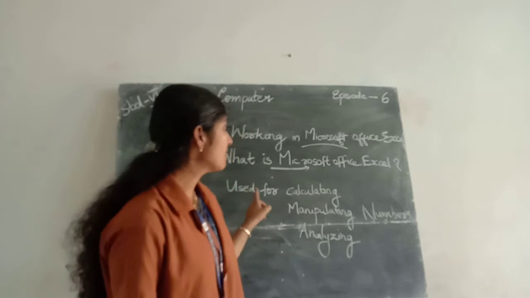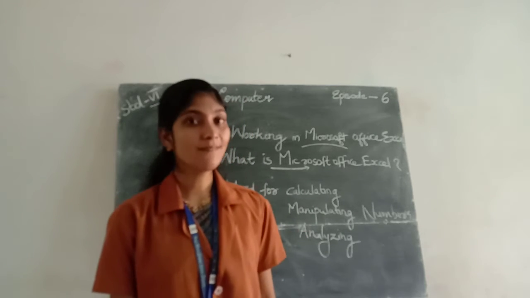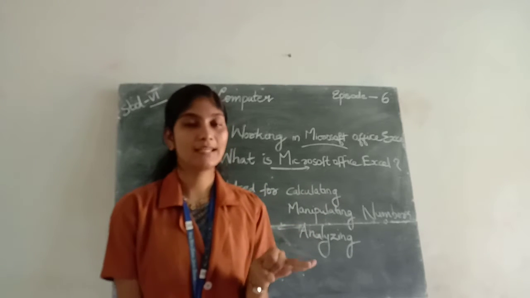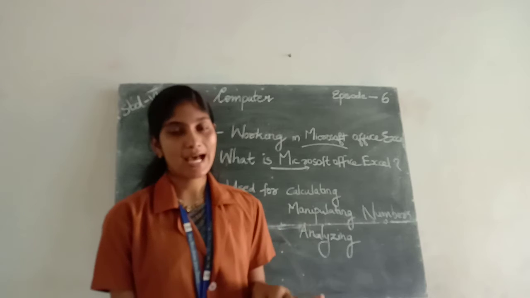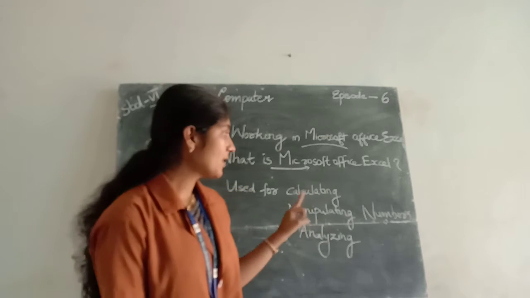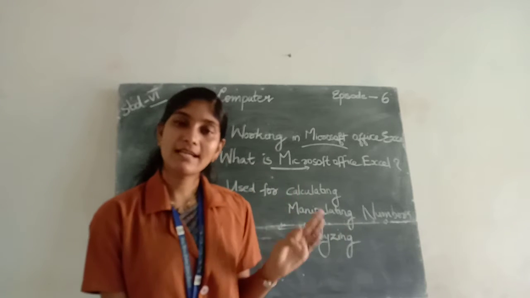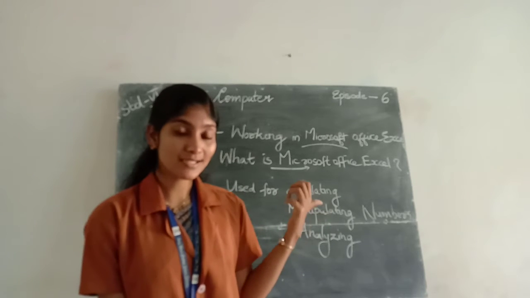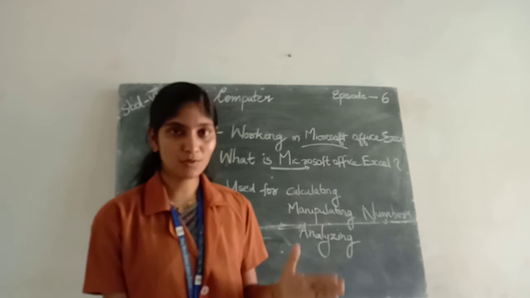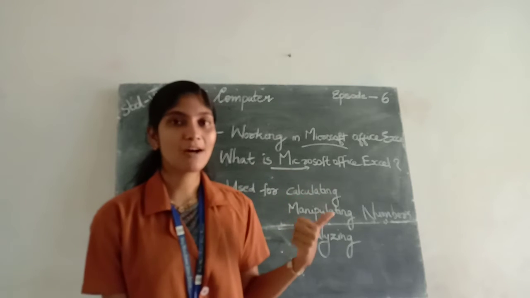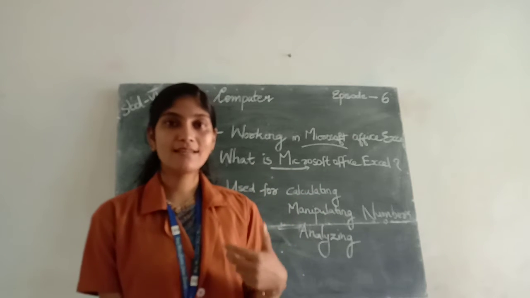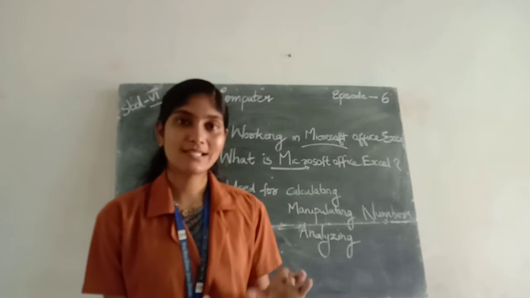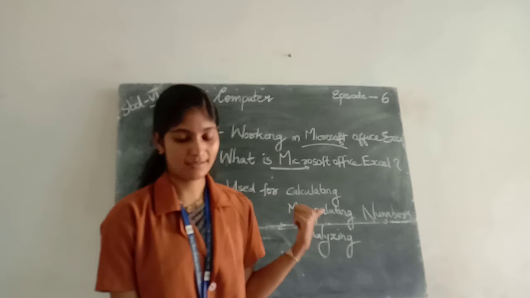So once again, Microsoft Office Excel can be used for calculating, manipulating and analyzing numbers. It also has a powerful graphical facility which is used to represent data in the form of graphs, so the user can understand more easily using the graph or chart.